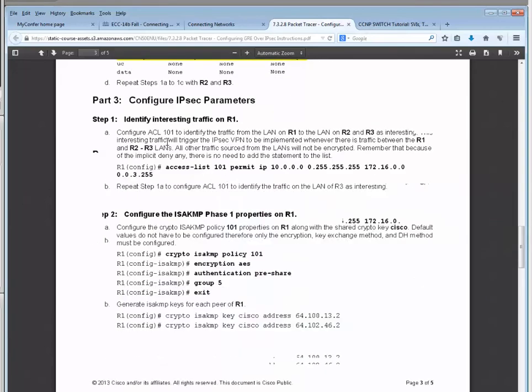Okay, so obviously what we're going to be doing is creating all of the appropriate traffic. What the exercise does is walk you through every step, command by command. Step one is to identify the traffic that's going to be transmitted between the routers.